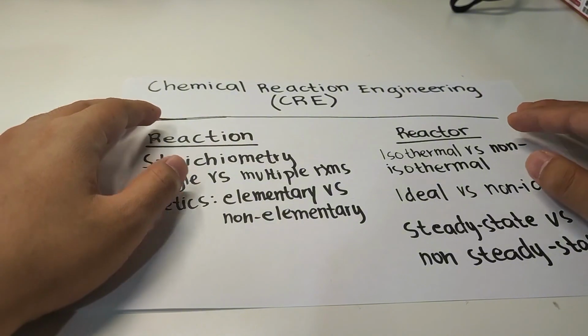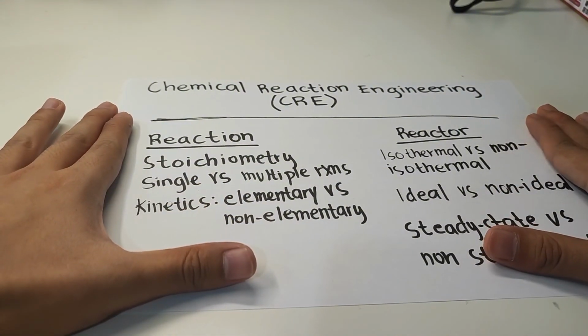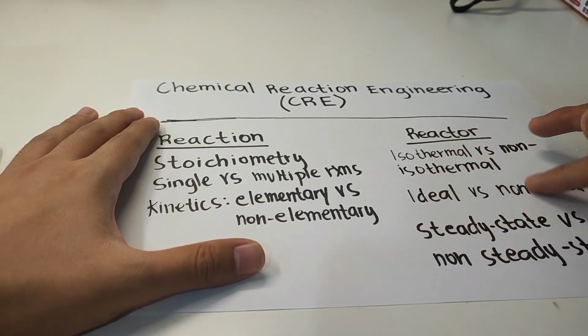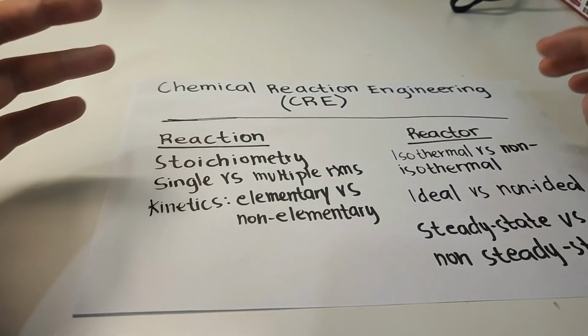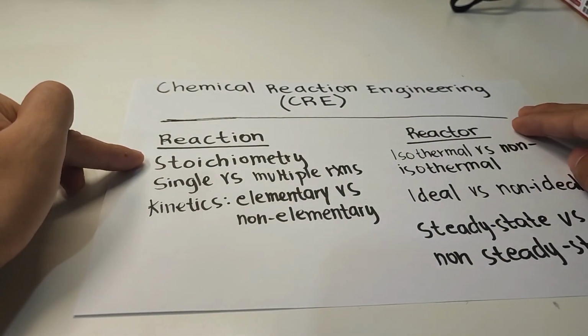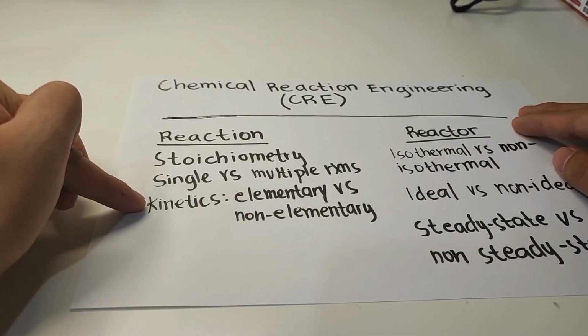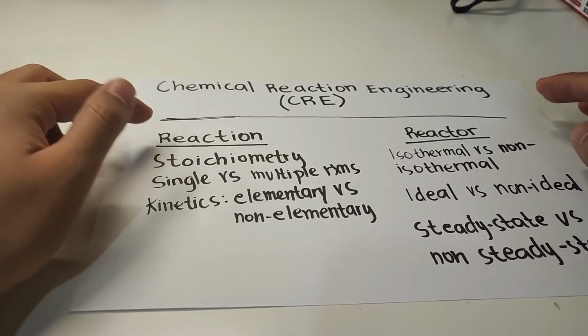For the reactor design, we consider two things: the reaction and the reactor. For the reaction, we have the stoichiometry, single versus multiple reactions, and then kinetics, elementary versus non-elementary.